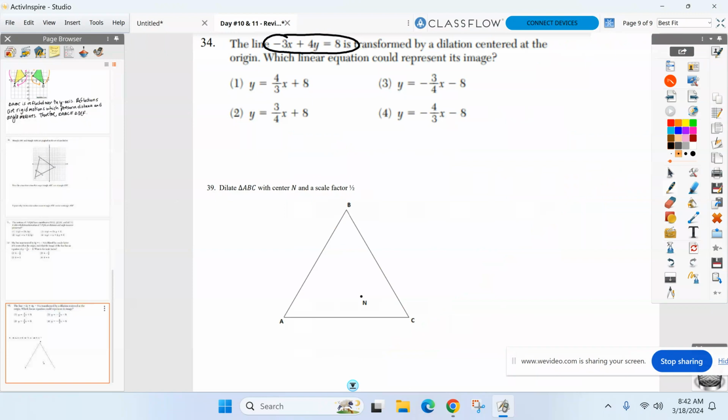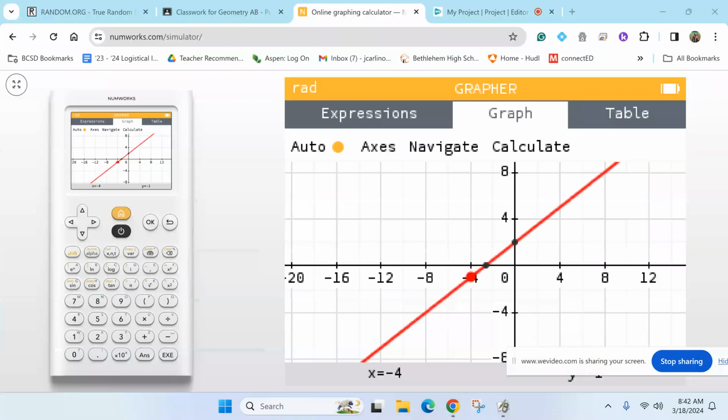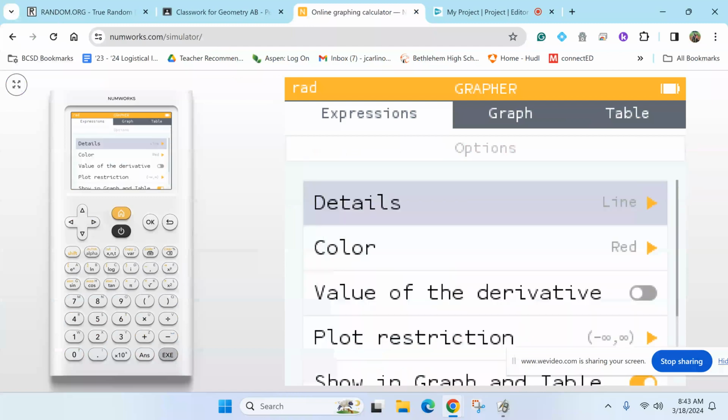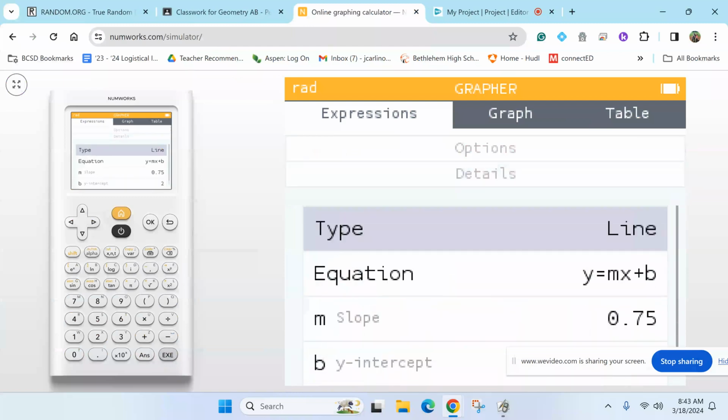Or, quick recap, I know some of you probably forgot already. If you go back to the equation, you have 3 dots over here. You can go to those 3 dots and hit details, and it'll tell you what the slope of that line is. The only part I don't like about this is it will never give it to you in fraction form.